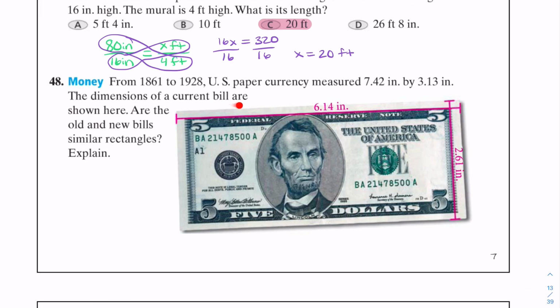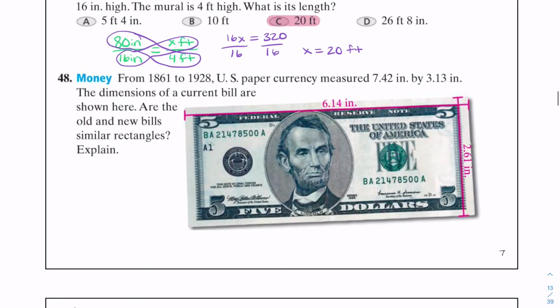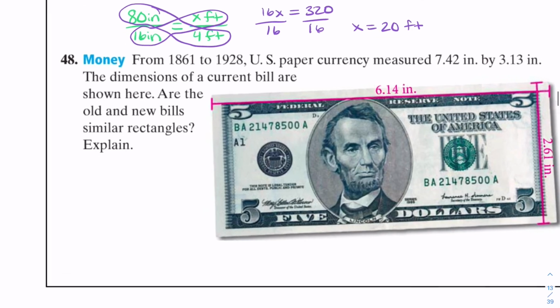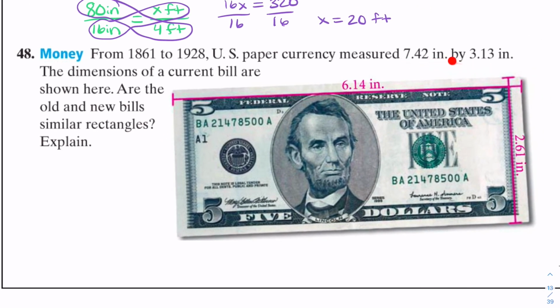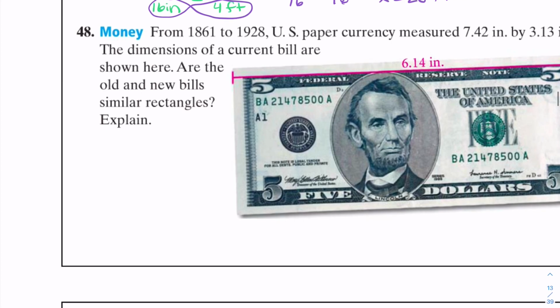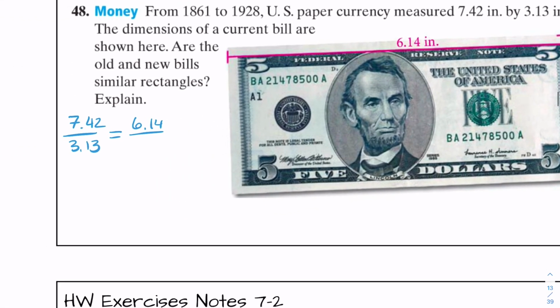So the dimensions of the current bill are shown here. Are the rectangles similar? There are a couple ways to do this. I think I'm just going to find the cross products and see if they are equal. So I'll do 7.42 is to 3.13 as 6.14 is to, oh, you know what?